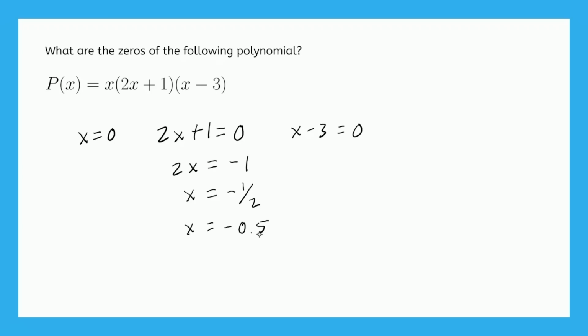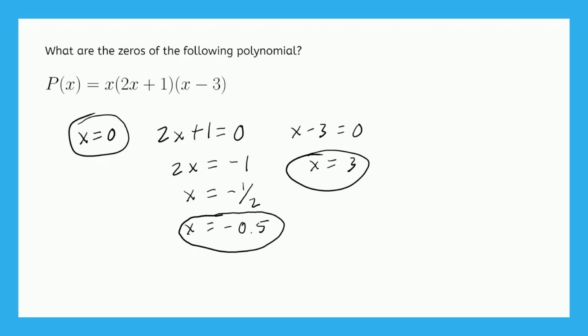So there's another zero, negative 0.5. And plus 3, we get x is equal to positive 3. So if you looked at the graph of this polynomial, you would see that it touches the x-axis at the origin, x equals 0, at x equals negative 0.5, or negative 1/2, and x equals 3.